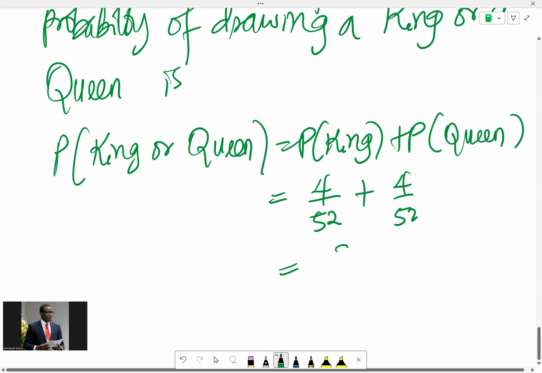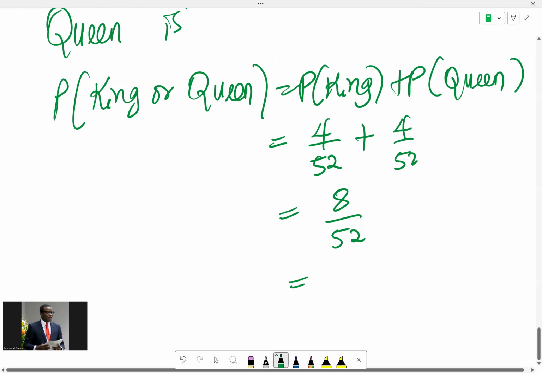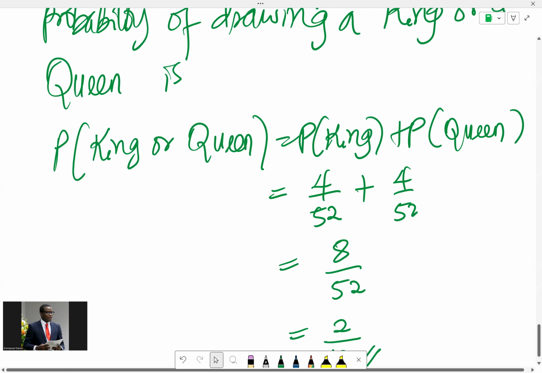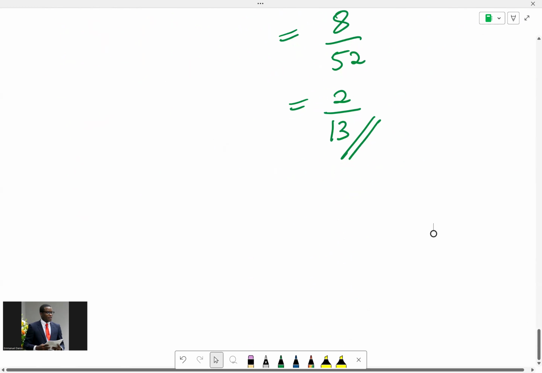Altogether, you have 8 over 52, and that is equal to 4 in 8 is 2, 4 in 52 is 13. So the probability of drawing either a king or a queen will be 2 over 13. Okay? That's the possibility of drawing either a king or a queen. So that's for mutually exclusive events.